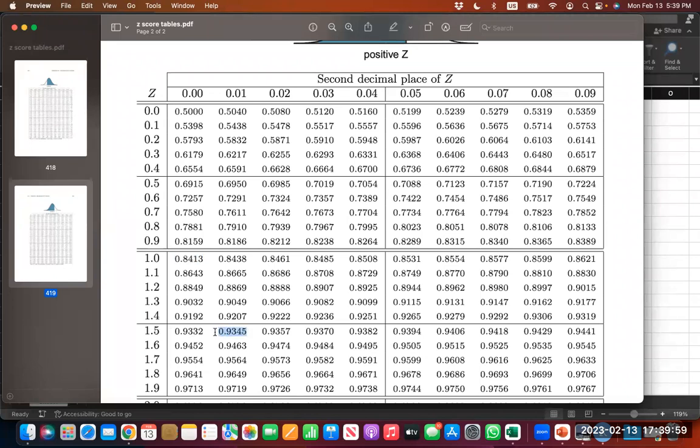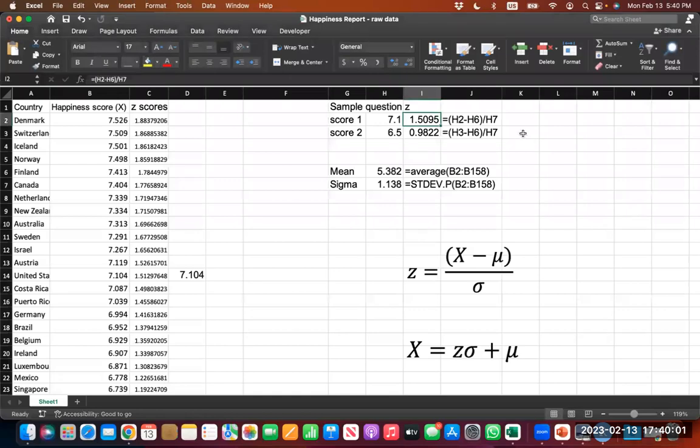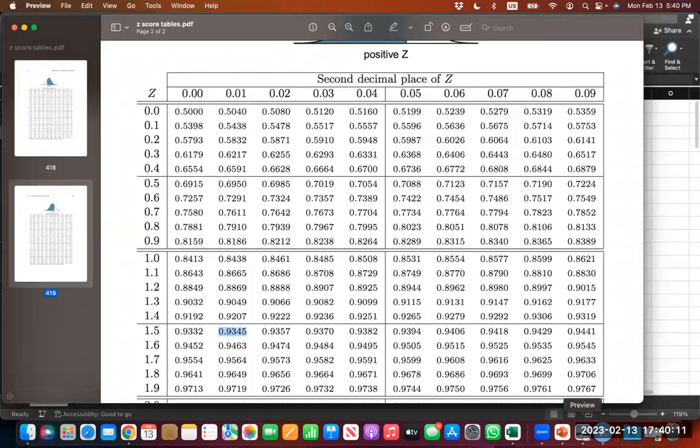This is 0.9345. Now I have 0.98. This is here 0.8365.